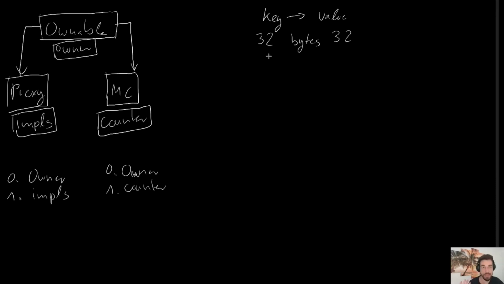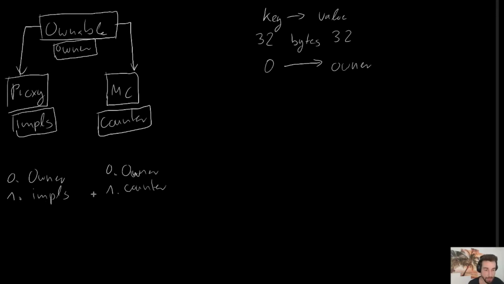You can just pick any random 32 bytes and say at this key I want to store that value. And later you can come back and say, give me the value that is currently stored at this key. Solidity manages the storage slots in this way that it begins from the 0 slot, so all of these 32 bytes are 0 basically, and it then stores the owner at the key 0.